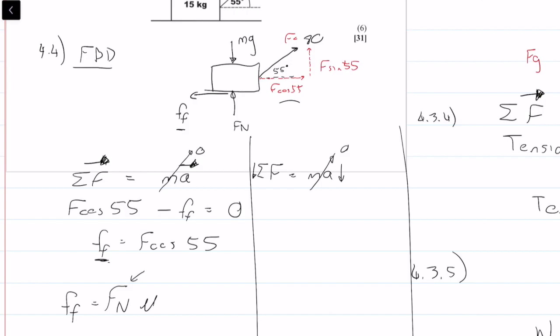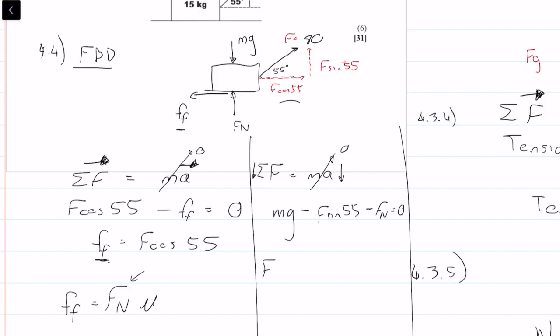So our forces down would be mg minus F sin 55 minus force normal is equal to 0.